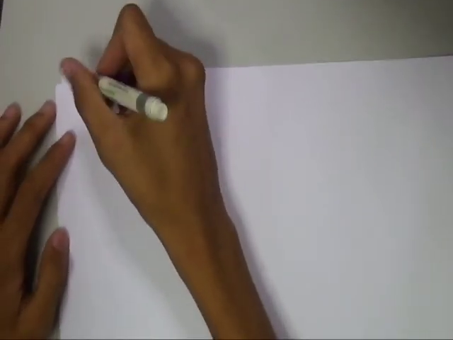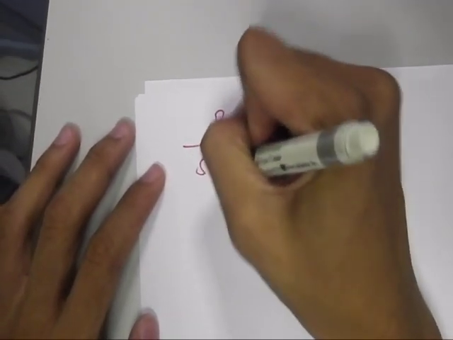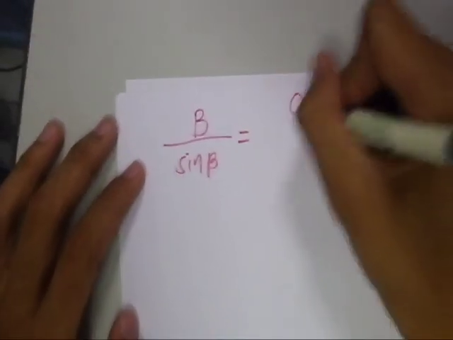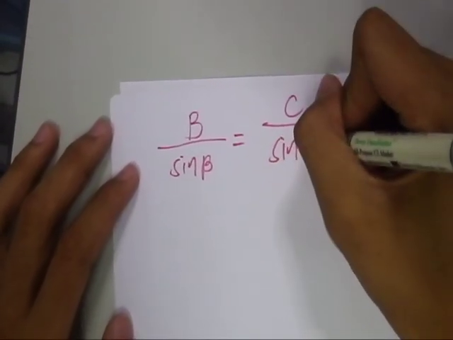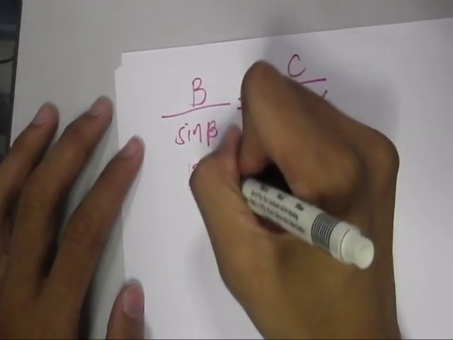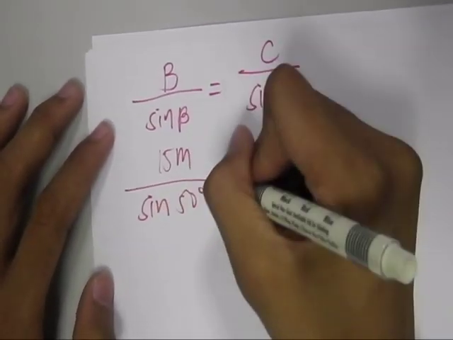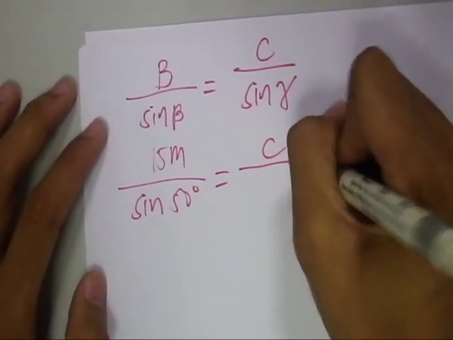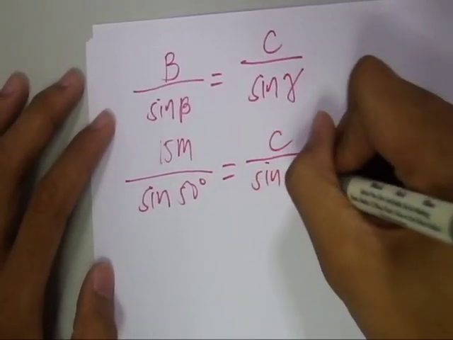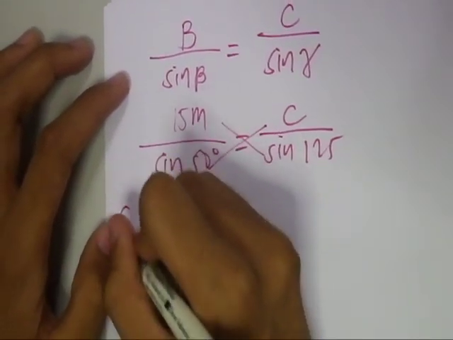You can find C by using this equation: B all over sine beta is equal to C all over sine gamma. So B, which is 15 meters, all over sine beta, which is 50 degrees, is equal to C all over sine 125. Then cross multiply.